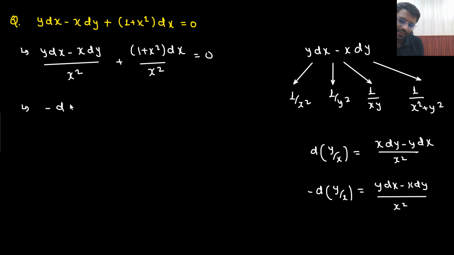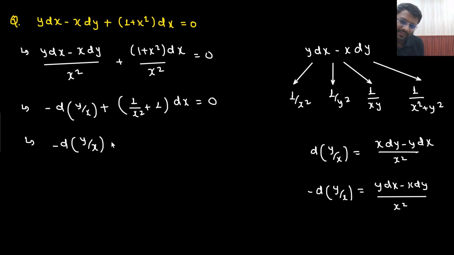So minus d of y by x plus (1 by x square plus 1) dx equals 0.